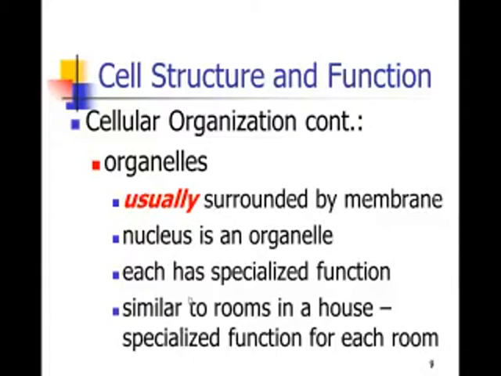One way of thinking of this is if you think of the organelles being bounded by membranes, it's almost like rooms in a house with specialized functions, right? So you have a kitchen where you mostly cook, and a bathroom where you might shower and use a toilet and things of that nature, and a dining room where you mostly eat, and a living room where you might watch TV and relax, and a bedroom where you sleep and things of that nature.